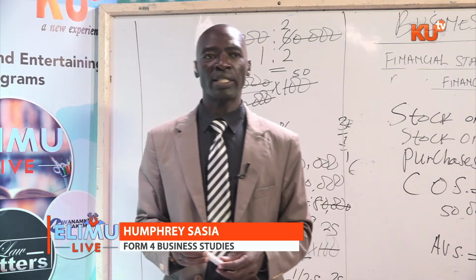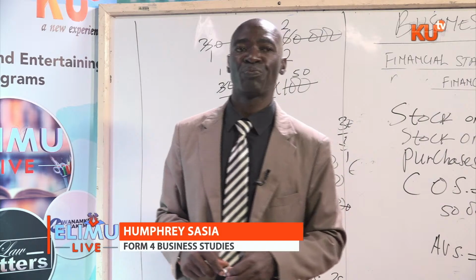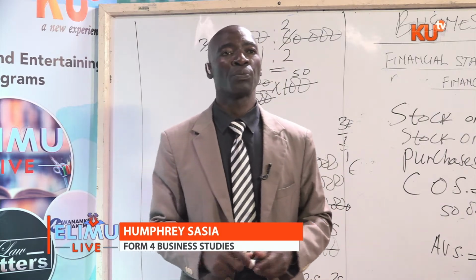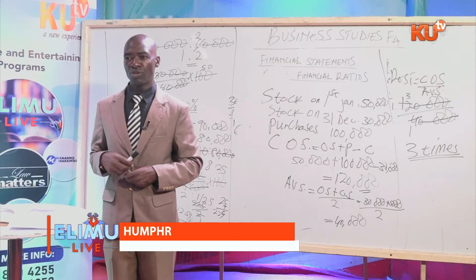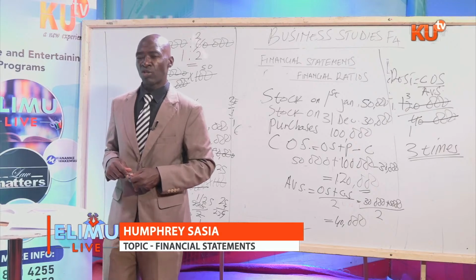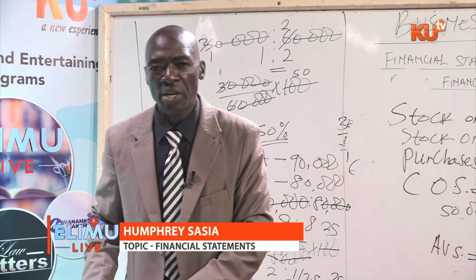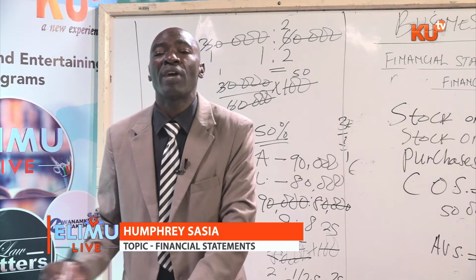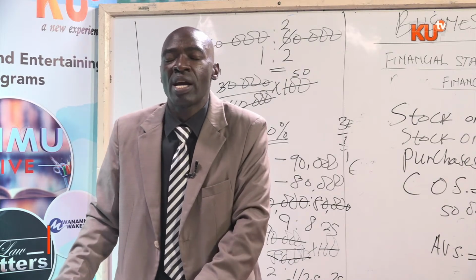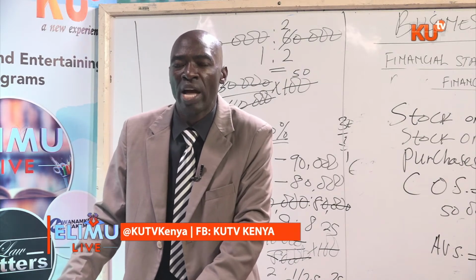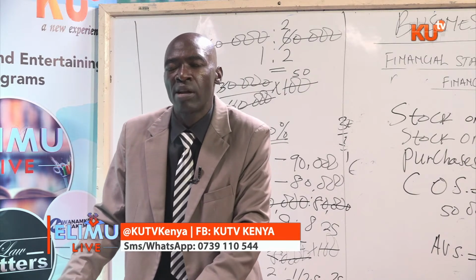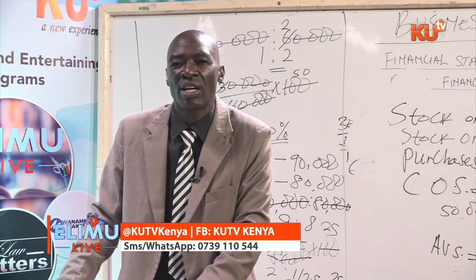Lastly, we can look at return on capital. So what is return on capital? We have looked at margin, markup, current ratio, ROST. And then lastly, we want to look at return on capital.